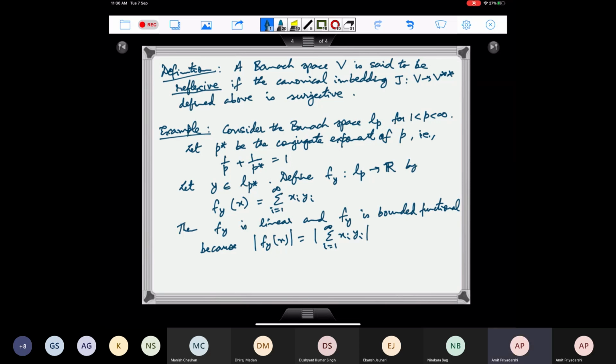Holder's inequality says that this is less than or equal to the summation of the modulus of x_i y_i, which is less than or equal to norm of x in p times norm of y in p star. This is by Holder's inequality.